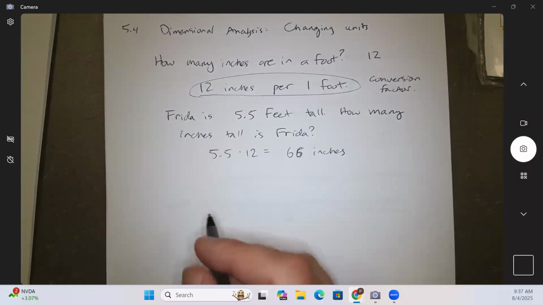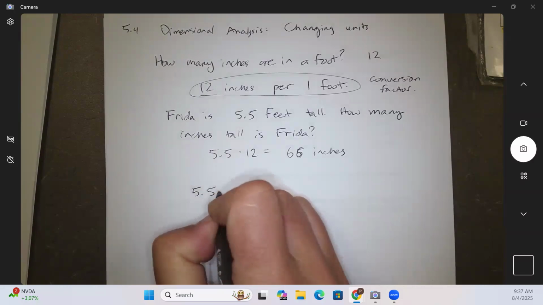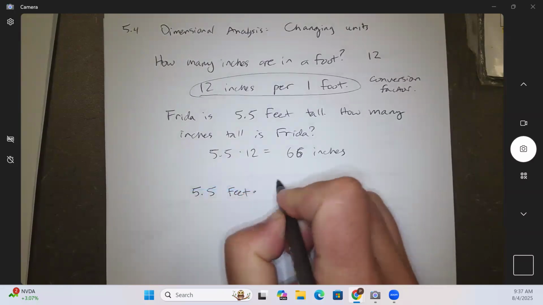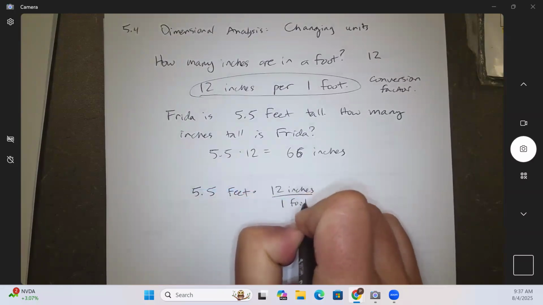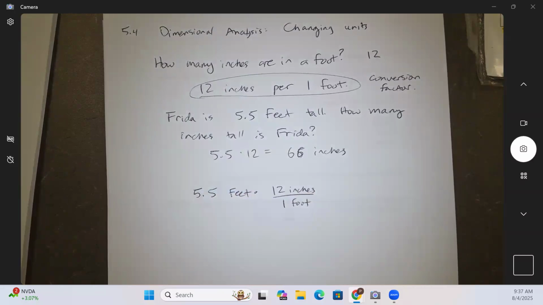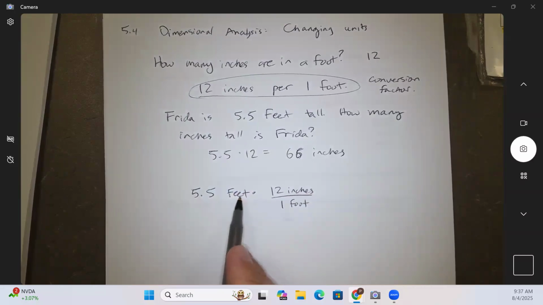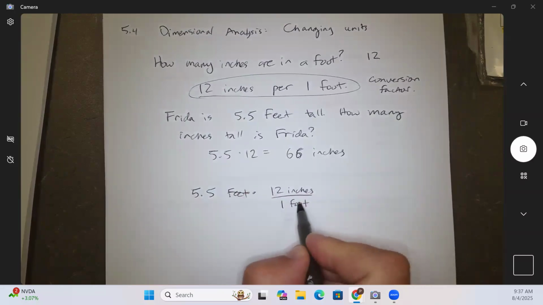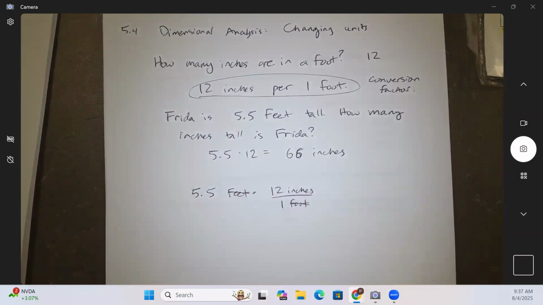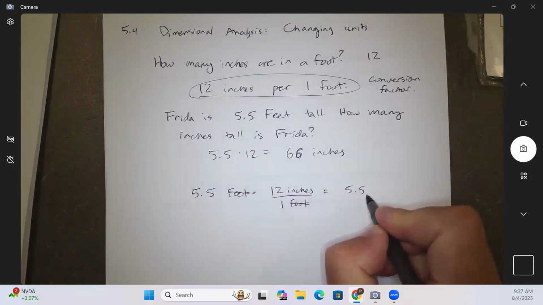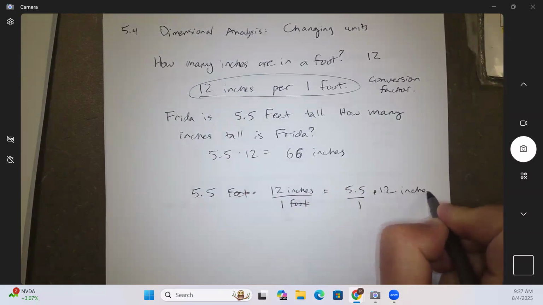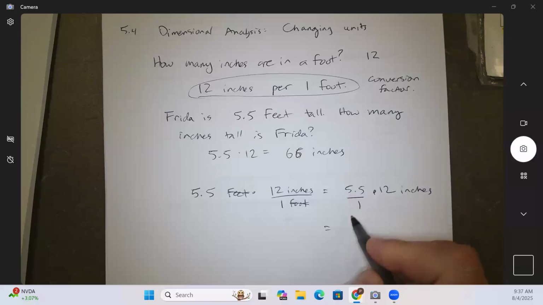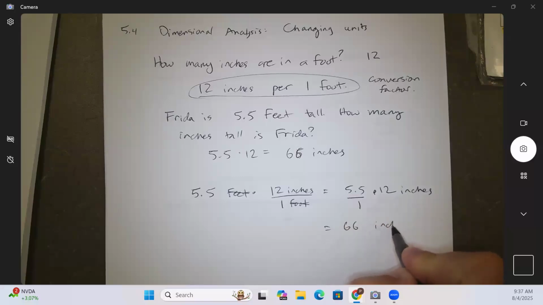So instead, what we're going to do is 5.5 feet times 12 inches per 1 foot. We have to keep the units the same. And then just like numbers, we get to cancel units. And we end up with 5.5 over 1 times 12 inches, which is 66, and then our units are inches.